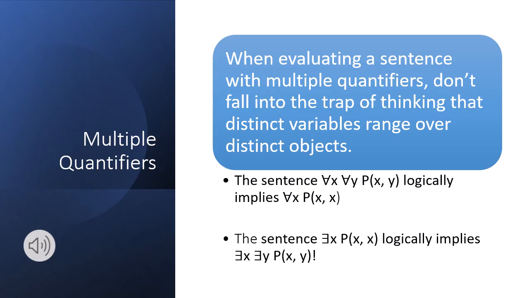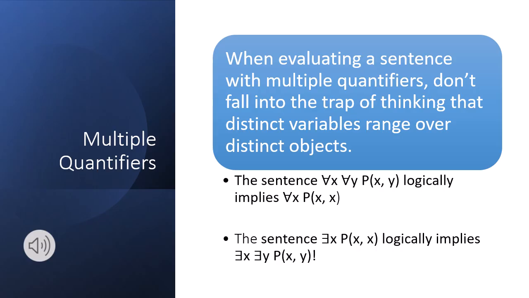to y. And then in a similar vein, we have the second bullet point there that says that if you have a sentence like there exists an x that satisfies p of xx, well, that will logically imply the sentence there exists an x and there exists a y such that p of xy. And again, the reason why is that we don't make any distinction between x and y. They could be the same thing.